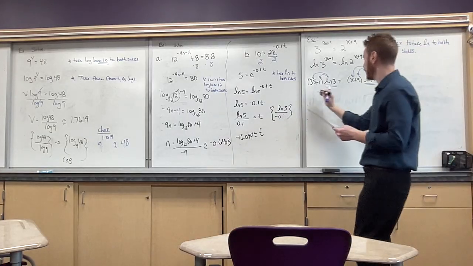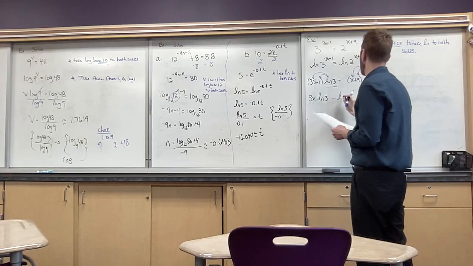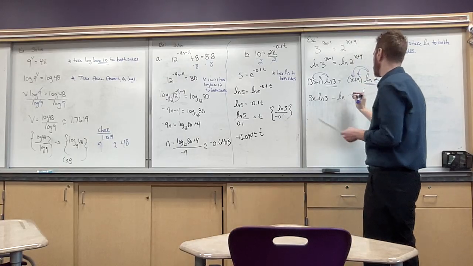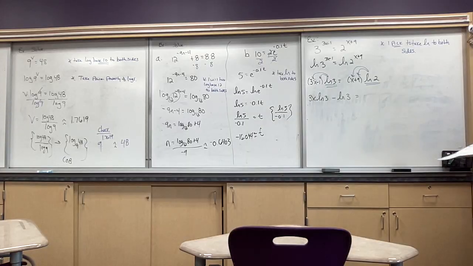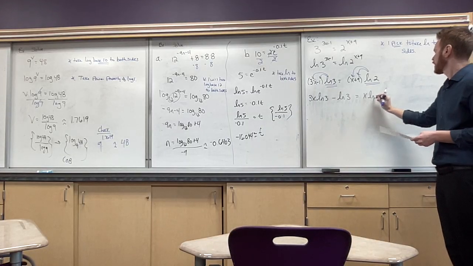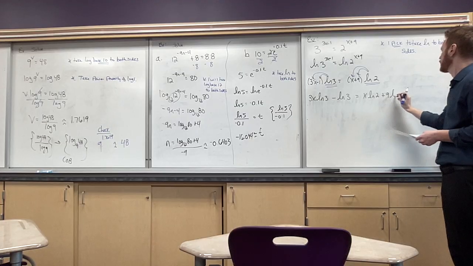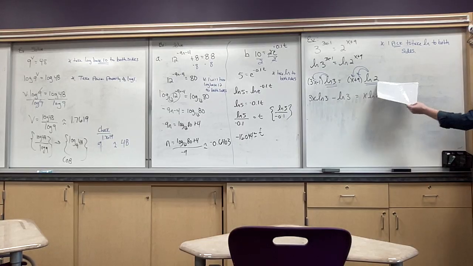So here's what it's going to look like. I get 3x ln of 3 minus 1 ln of 3. So that's me distributing the left-hand side. On the right-hand side, I get x ln of 2 plus 9 ln of 2. Okay? Be careful, you're not multiplying the arguments when it comes to these.